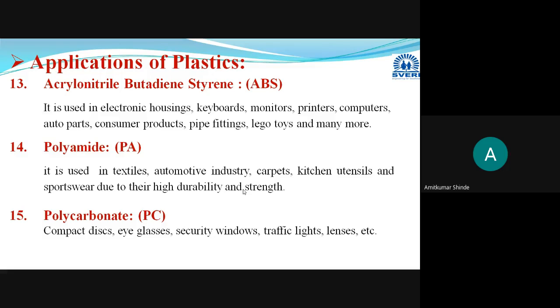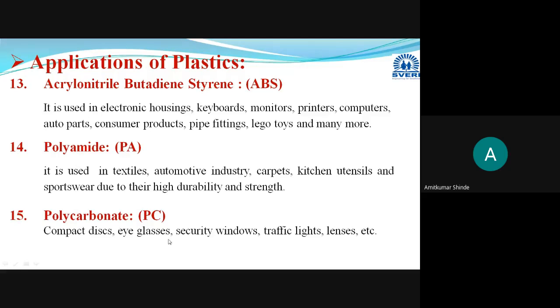Then different kinds of sportswear having high durability and strength, it may be shoes or trekking sports shoes, or a sports jacket. And then gloves, all these can be manufactured with the help of polyamides.